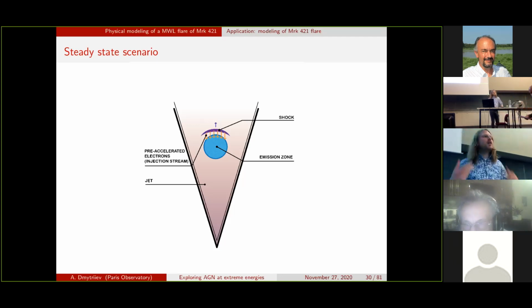Okay, myself, I'm not an expert in this field, but I also have some questions. Something that is a little bit puzzling for me is that you propose the selection for Markarian 421, the selection of a specific flare.